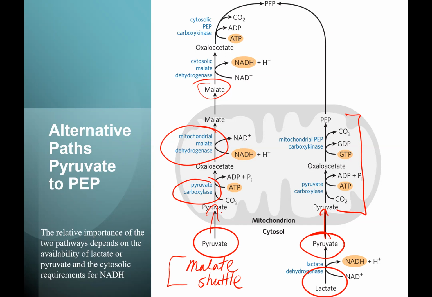But what really dictates these pathways? What's going to dictate these pathways is: are we fresh from glycolysis, or have we gone through lactate? The prevailing concentrations of pyruvate versus lactate, and the cytosolic requirements for NADH, are going to control what happens here.